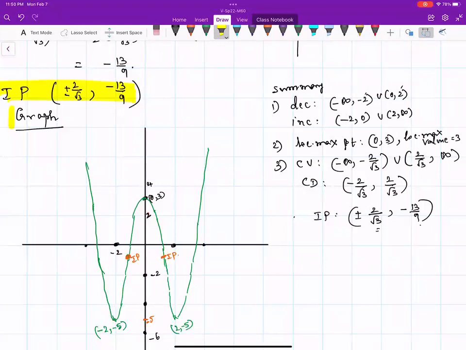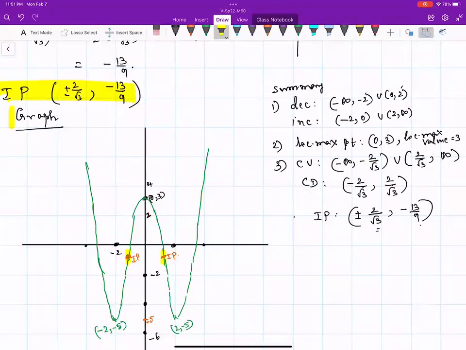Then it is concave upward up till the inflection point. The inflection points are plus or minus 2 over radical 3, which we saw as plus or minus 1.15. So somewhere between 0 and 1, on both sides of the origin. And it has a negative y coordinate, which is -13 over 9, which is again -1 point something.